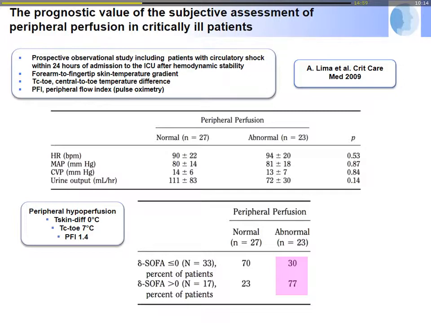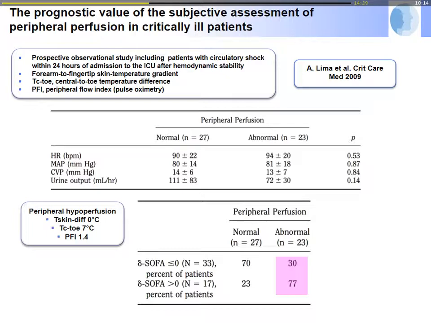I think it's a very interesting concept to look at the temperature, the central to peripheral temperature difference, and looking at a peripheral flow index that you can have by pulse oximetry.